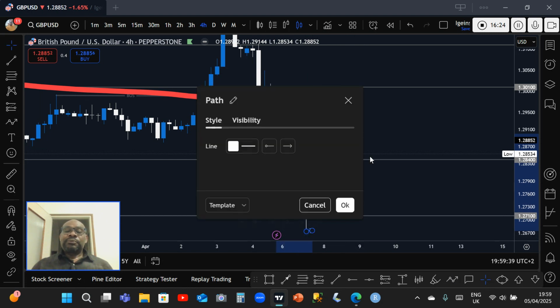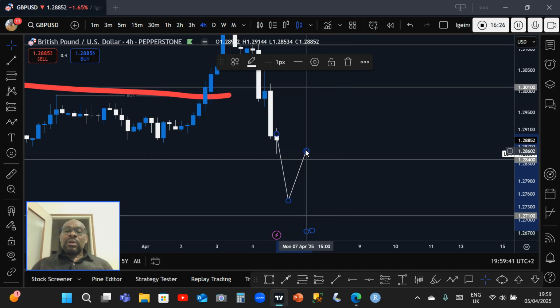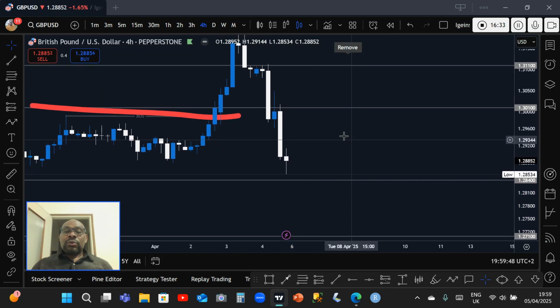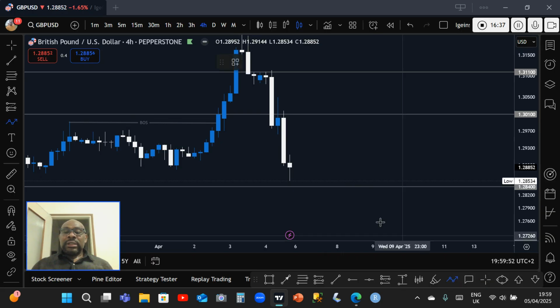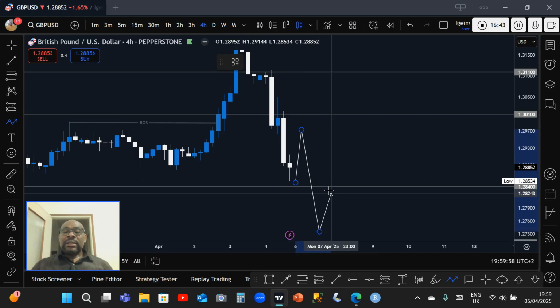All right. So it's two ways. It's either price come here retest, then push to the downside. Retest, then push to the downside.